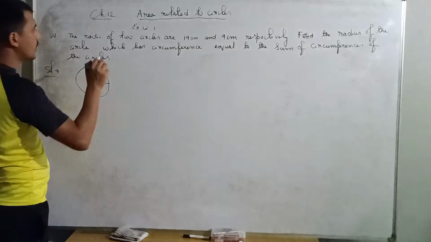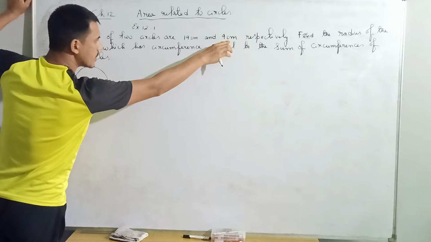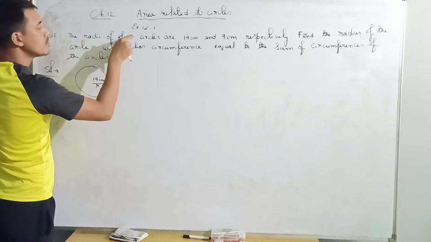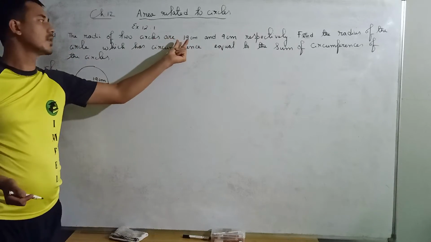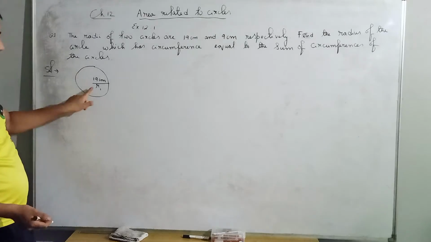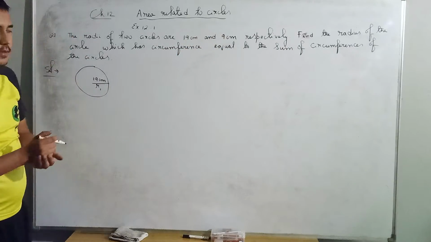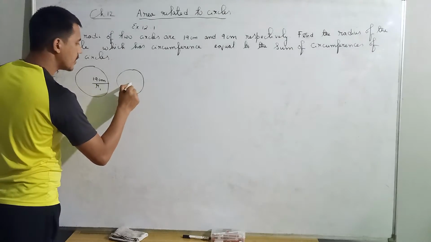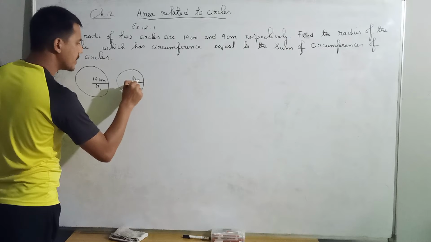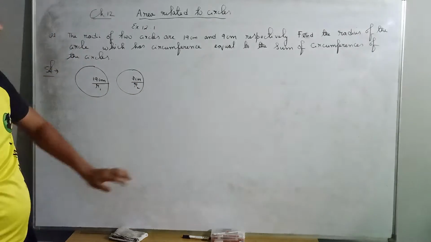And there is another circle whose radius is 9 centimeter, R2. Okay? Now the next part.